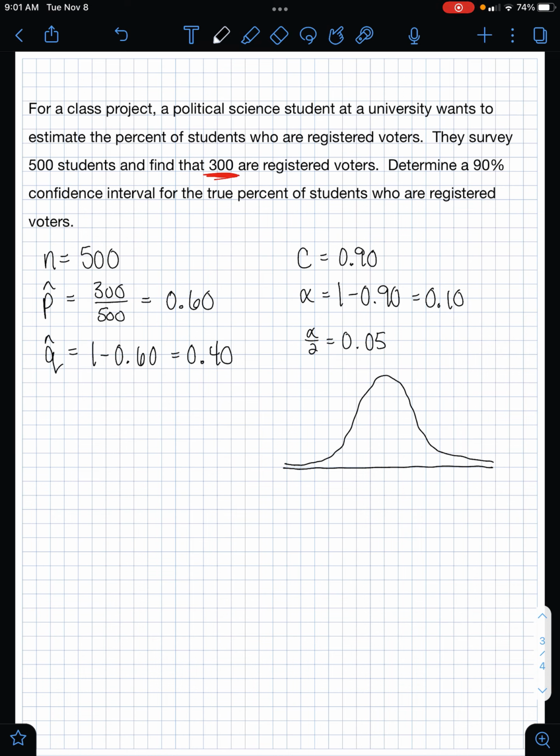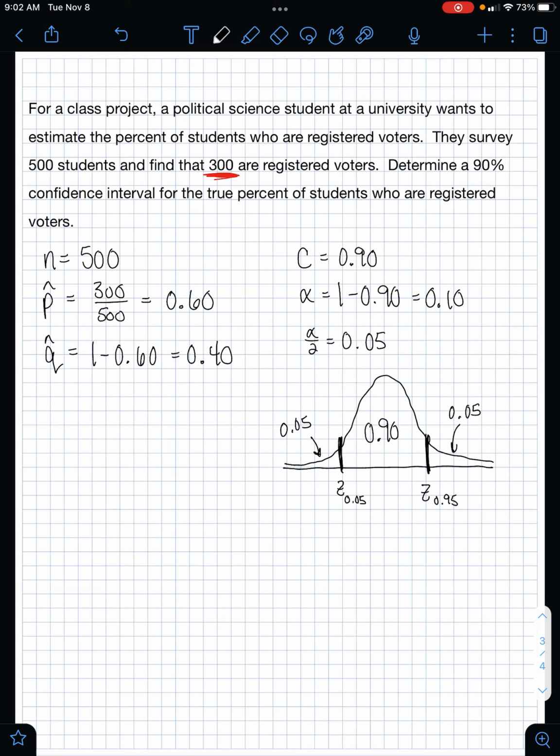So once again, we're looking at a normal distribution here, a bell-shaped curve that's going to have 90% of the area in the middle with 5% to each side. And what we're looking for is the z-score. We can either do the z-score with 0.05 of the area to the left of it, or the z-score with 0.95 to the left of it. Ultimately, they are the same z-score because this distribution is symmetric, but one is positive and one is negative.